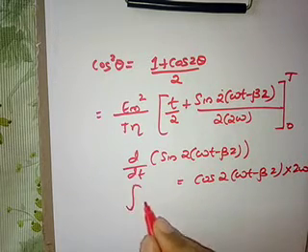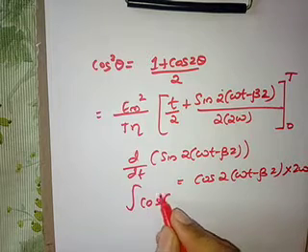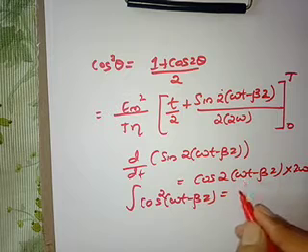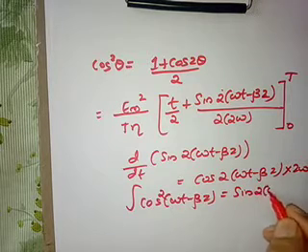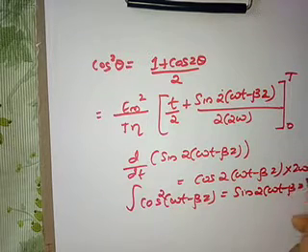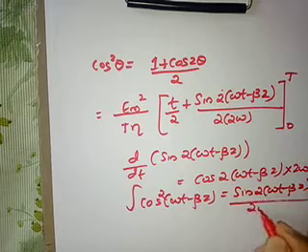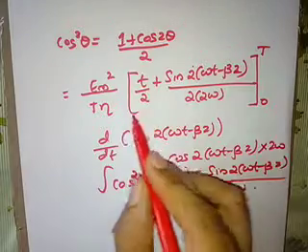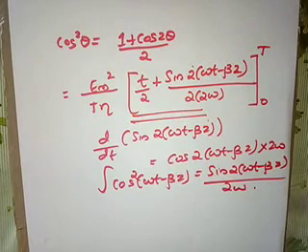Therefore integration of cos of 2 omega t minus beta z is sine of 2 omega t minus beta z divided by 2 omega, right? So accordingly I have written this equation.